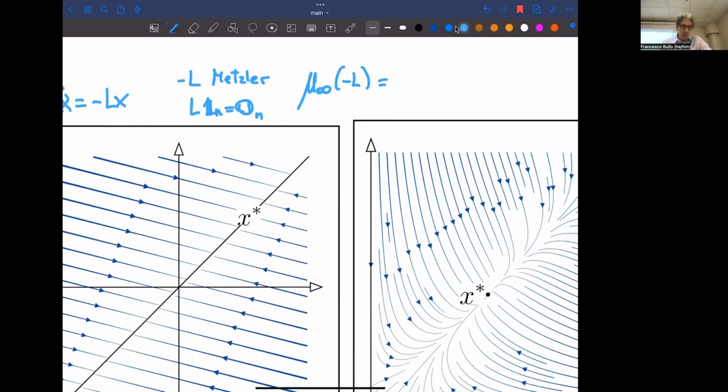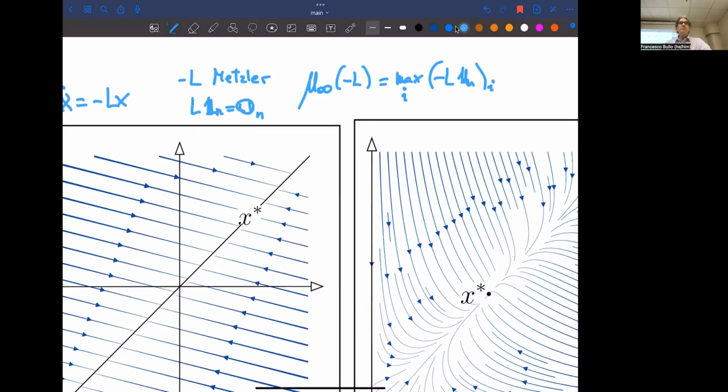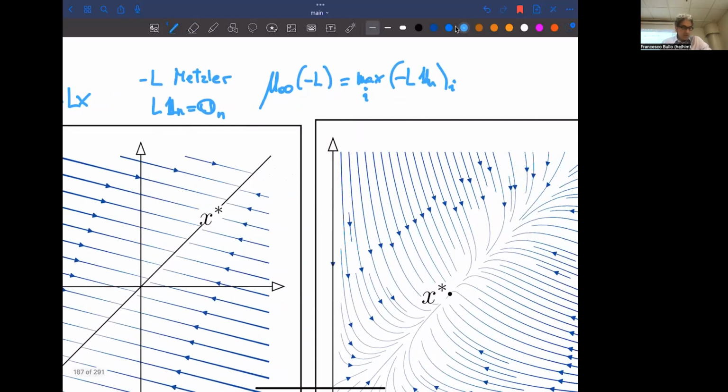So this is equal to the max over i of minus L_ii plus the sum over j of the off-diagonal entries in row i. For the row sums you should take the absolute value of the off-diagonal entries, but they're already positive or zero, so you don't do anything. But then this is exactly zero, right?